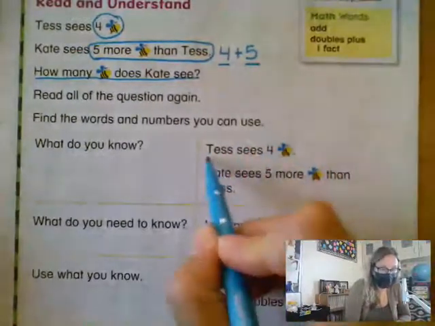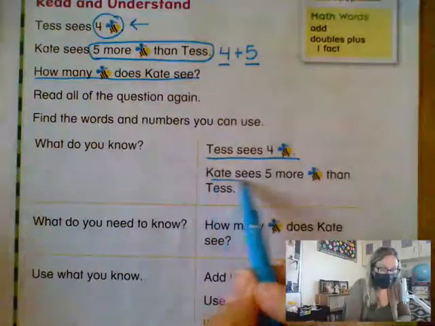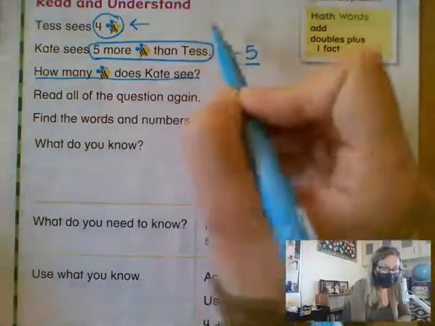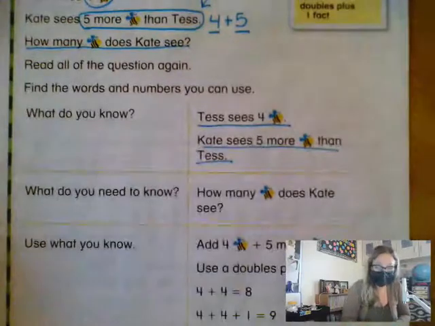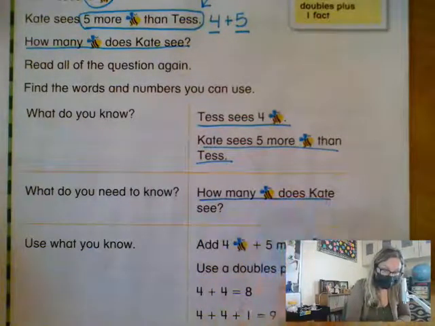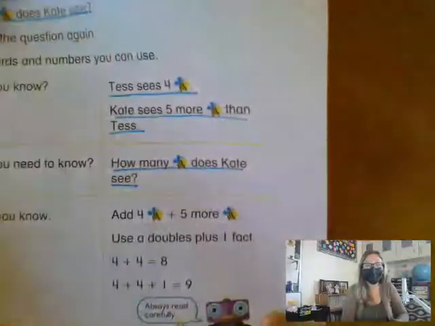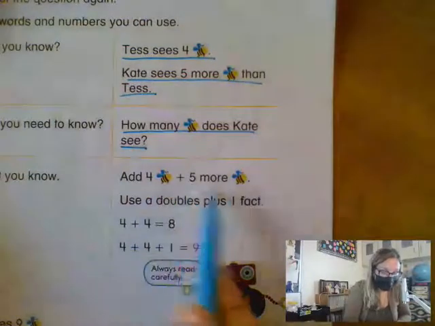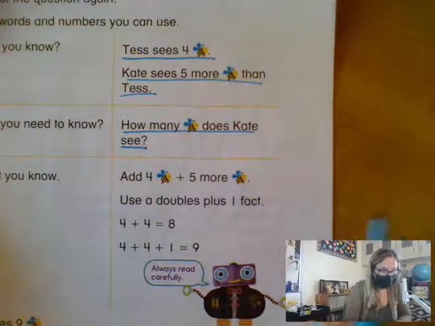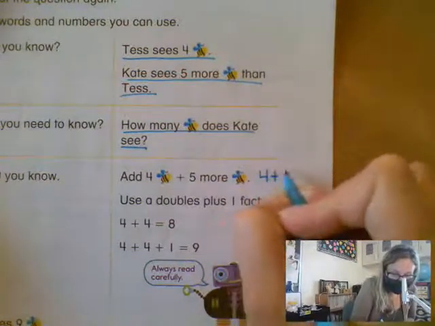We know Tess sees 4. We circled it here. We know Kate sees 5 more than Tess. We circled that here. So what do we need to know? We need to know how many does Kate see. So now let's use what we know. So we'll take 4 and we'll add 5 more. Okay? So 4 plus 5 is what we're looking at.